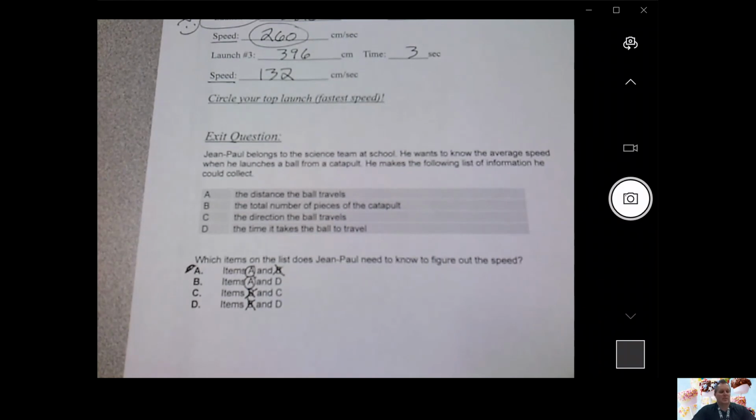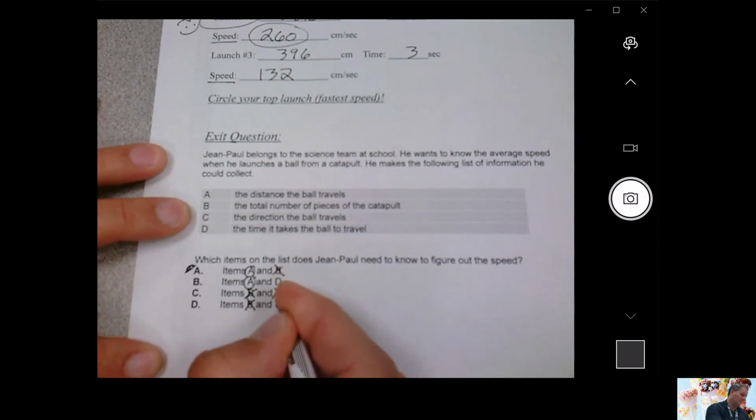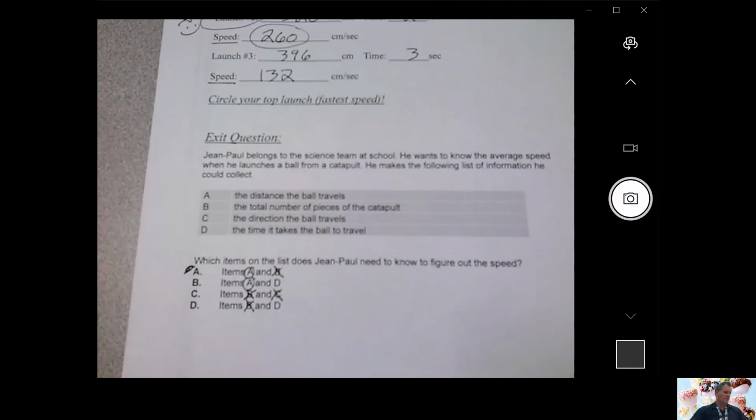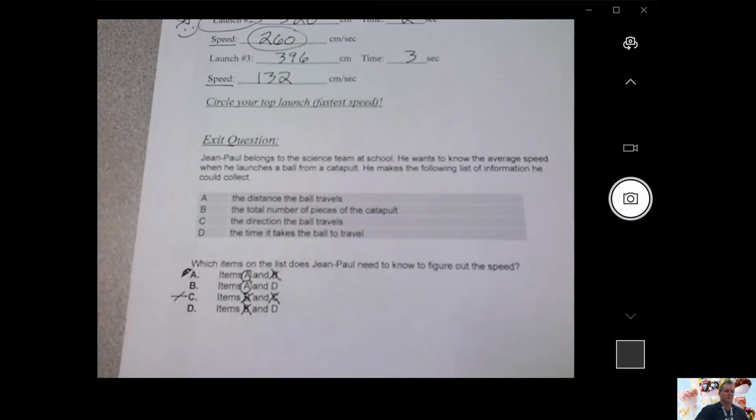That's nice, but it's not what we need to calculate the actual speed of an object. So I'm going to cross out anything that has C. Answer choice C is totally eliminated, so bye-bye. Okay, I've eliminated both.